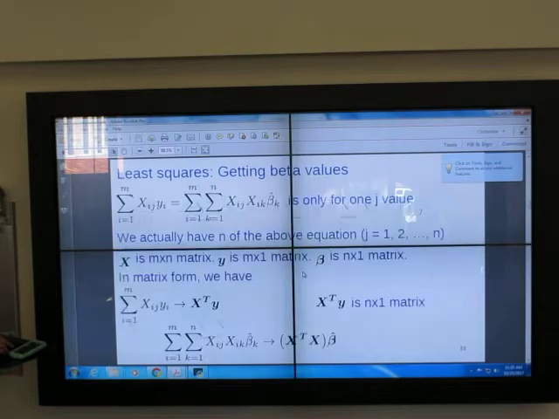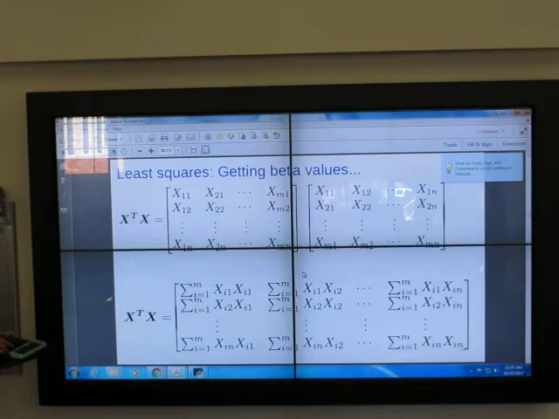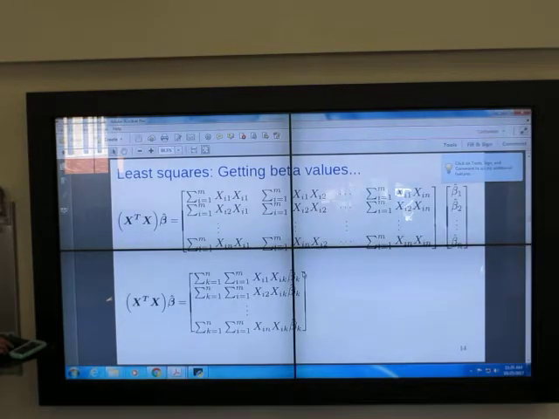Why? Because in your matrix you have 2 columns. So beta is 2 by 1, 2 rows, 1 column. So 2 by 2 multiplied by 2 by 1, you get 2 by 1.